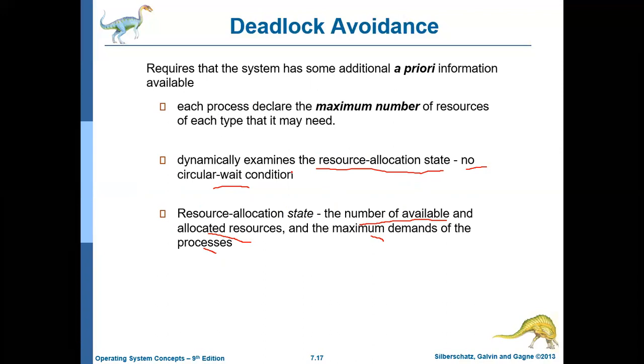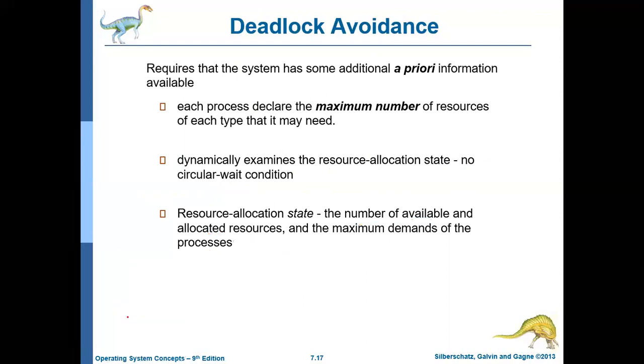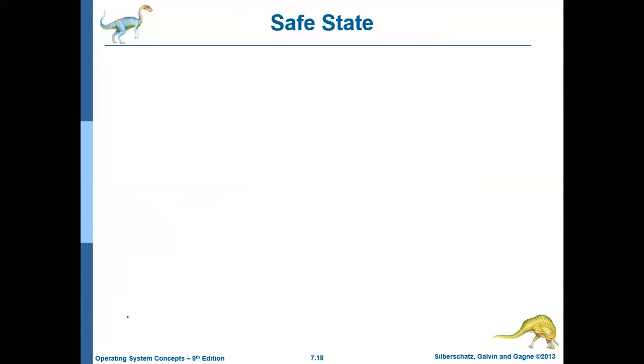If the resource allocation state leads to a circular wait condition, then the operating system will ask a few processes to wait until some of the resources are released by the other processes. So this is how the deadlock avoidance algorithm works.